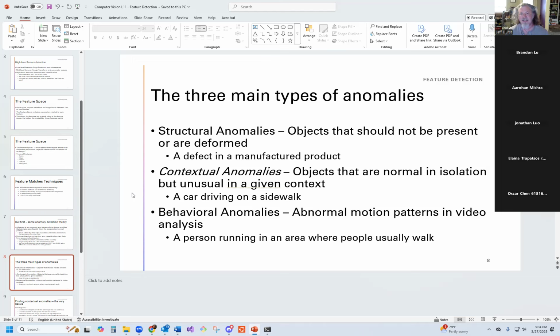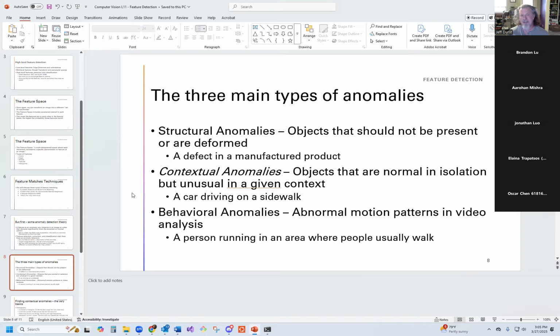For us in CV, context isn't necessarily a semantic thing for humans to think about, like a road or sidewalk. A context would be a grass field. A grass field is our normal, that's our context. If there's a soccer ball on the field, it doesn't look like the field, it's not part of the field, it has all these different properties. So within the context of the image itself, it is anomalous.